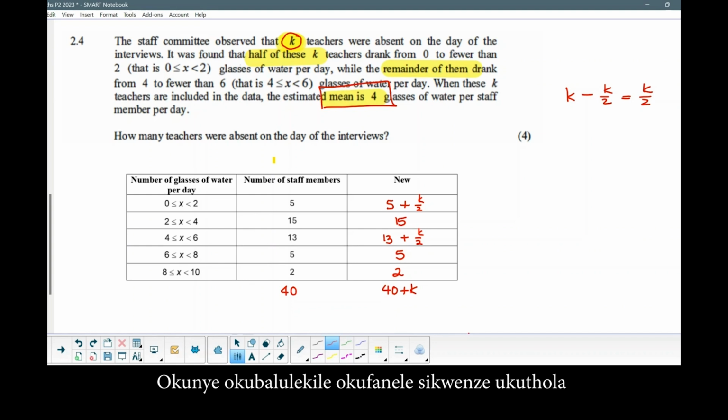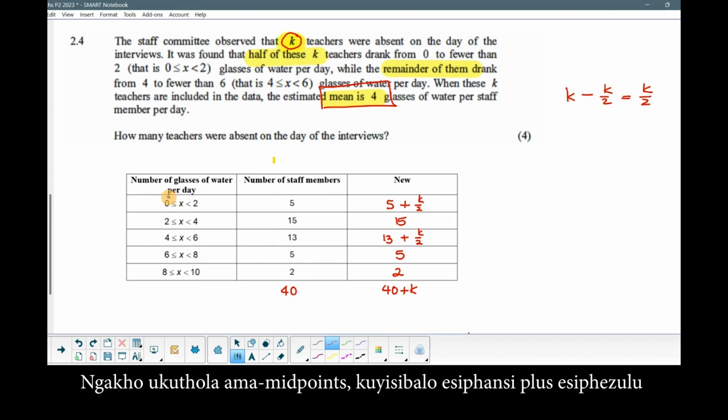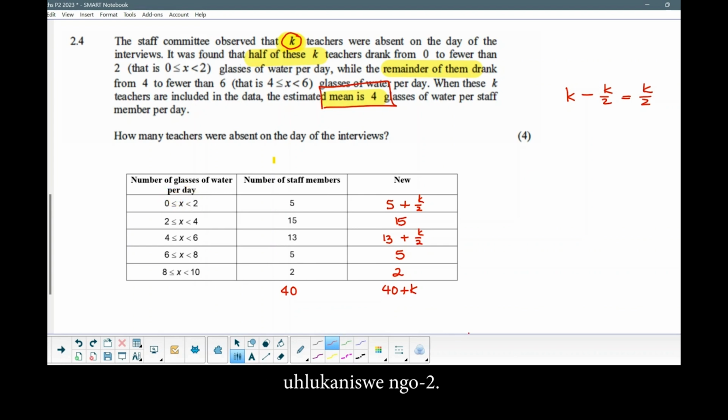Now, the other crucial thing we need to work out is our class midpoints. Because we don't know how many 1.5s or 1s or 0s are in this category so we can distinguish them, we need to use the average of that category, or the midpoint of that category, to work out our mean. So to work out the midpoints, it's the bottom plus the top divided by 2.